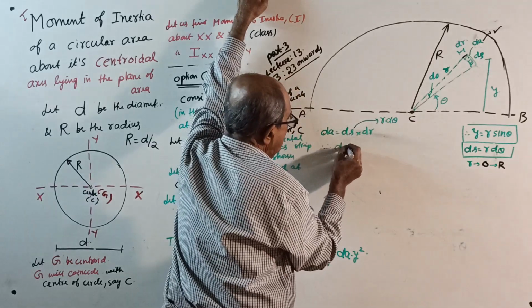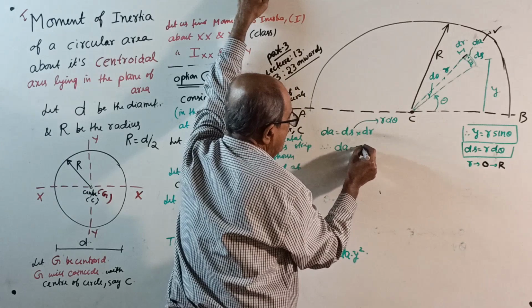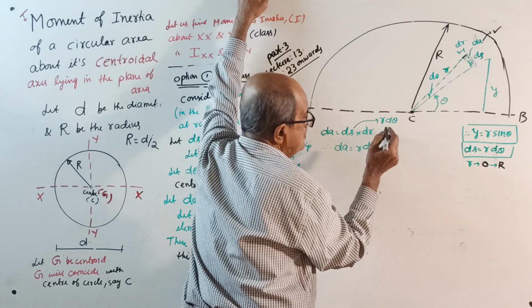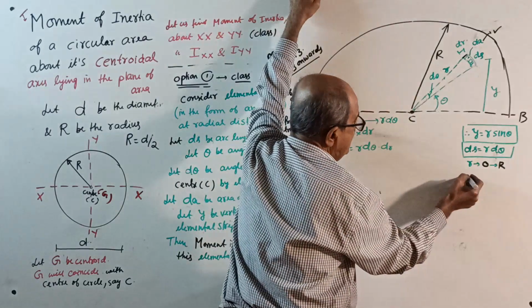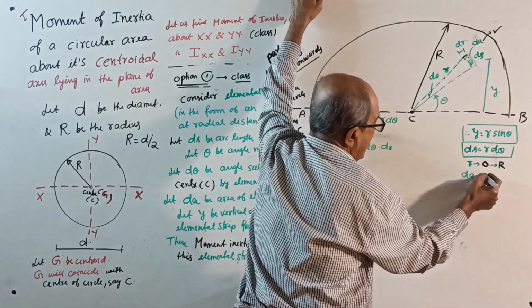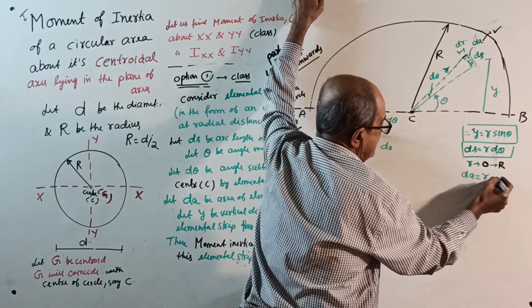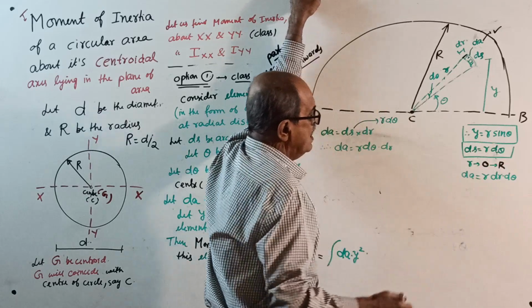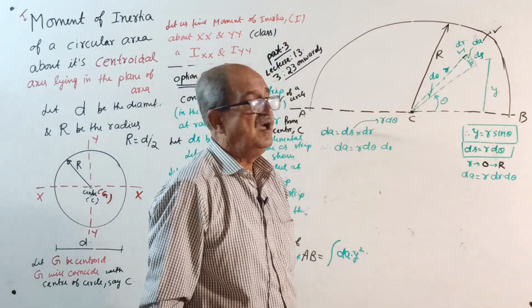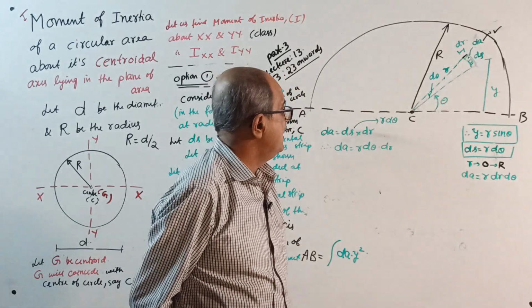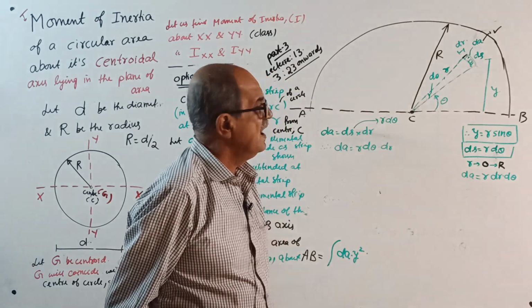Therefore, your dA equal to r d theta into dr. So dA will come r into dr into d theta, or r into d theta into dr. dA equal to r into dr into d theta.